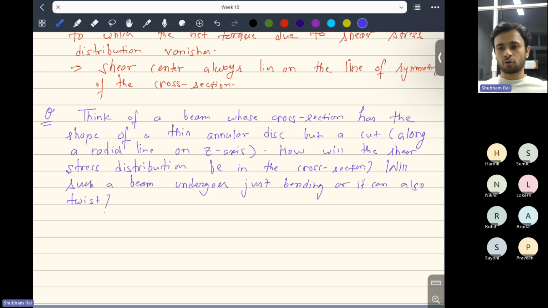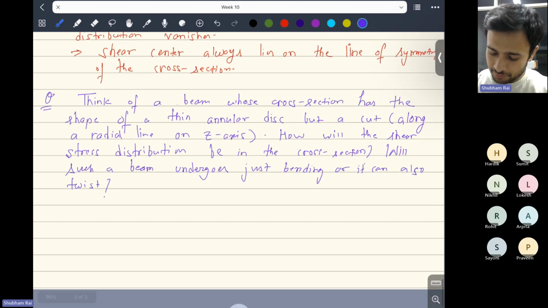Since no torque will be acting, there will not be twisting. There will only be bending. If you apply a load passing through the shear center, the torque of that load will also be zero, because it does not have any distance from the shear center. Whereas if you apply an eccentric load, which is at some distance from the shear center, it will introduce some torque. That will lead to twisting of the beam.